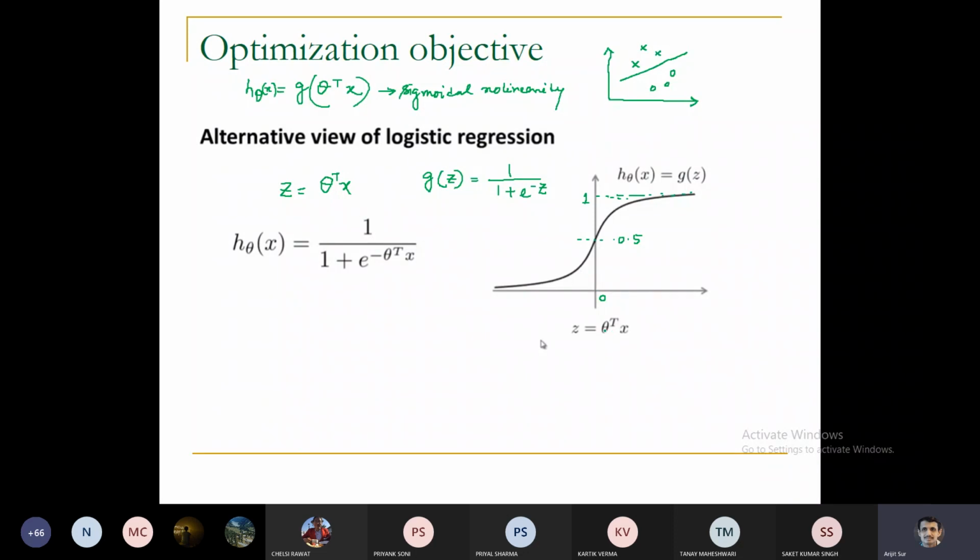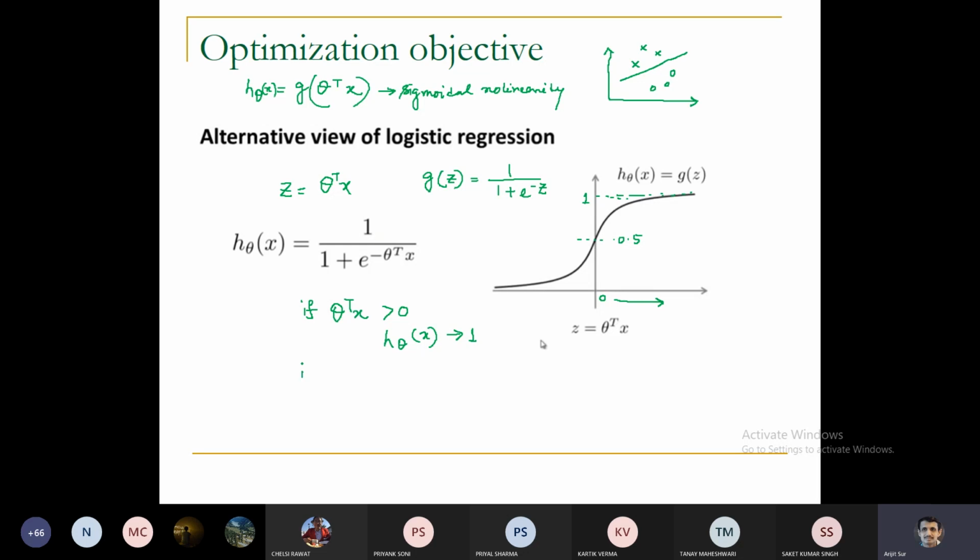If theta transpose x is greater than or equal to 0, then h theta x is very close to 1; it slowly goes to 1.